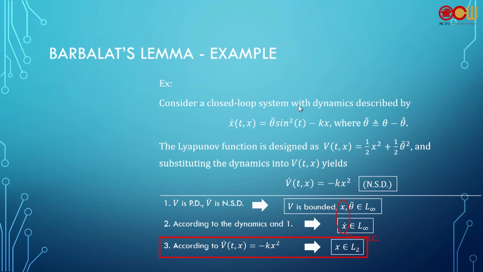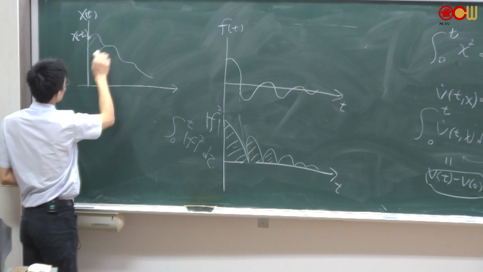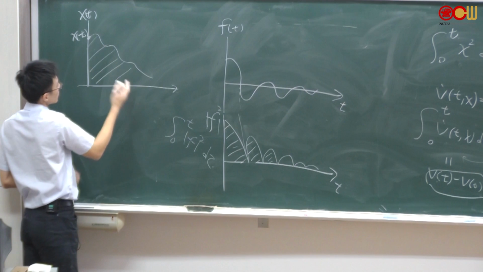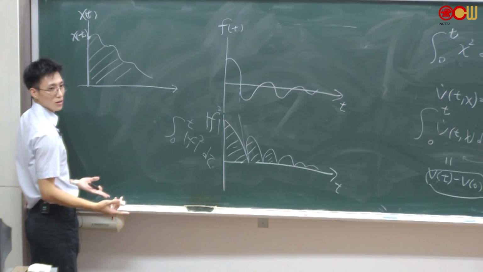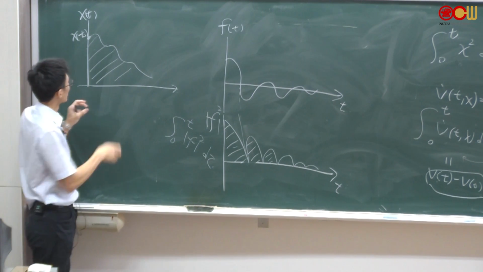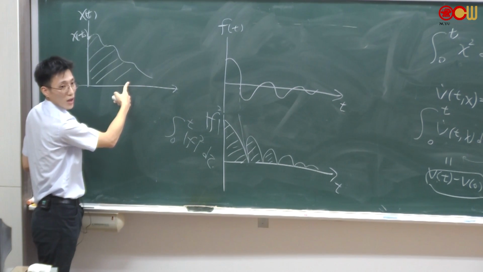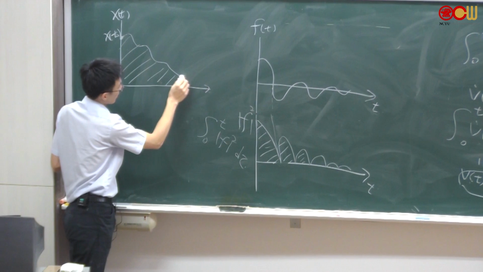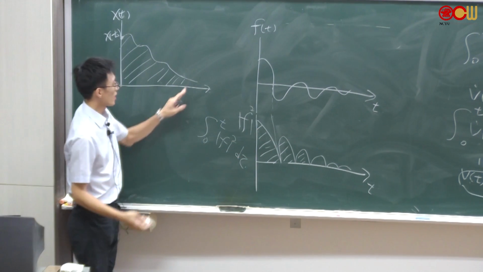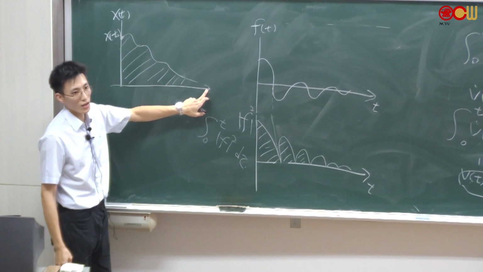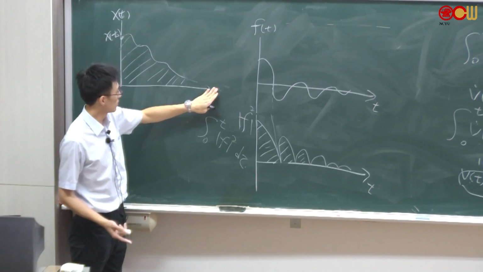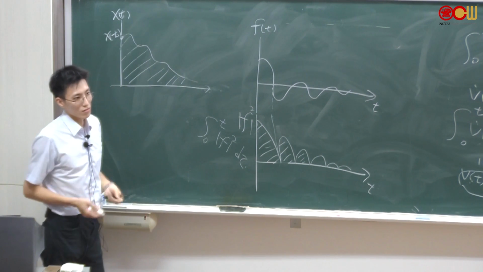And this condition says the area of the square of this function has to be bounded, which is similar to saying this area has to be bounded, right? So for this area to be bounded means this value cannot go anywhere other than 0 eventually. If x doesn't go to 0 and still goes to infinity, then the area will not be finite.